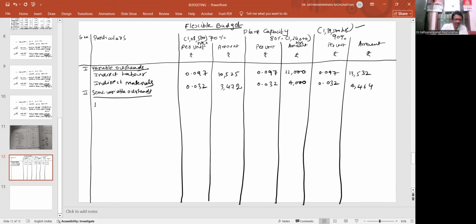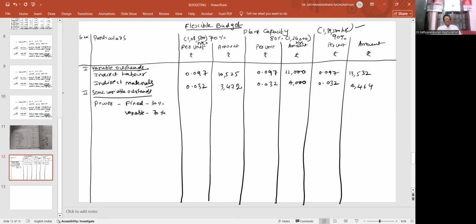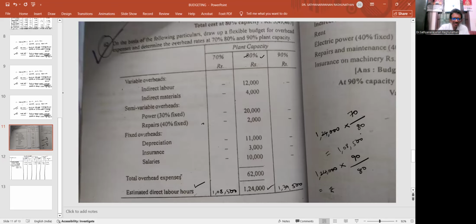Power. Fixed 30%, variable 70%. All of you make a note. Power 30% fixed means 70% variable. Okay, 30% fixed, 70% variable constitutes the 100%.